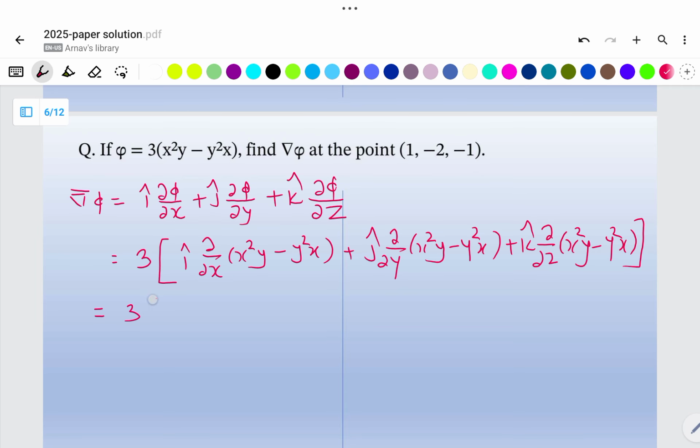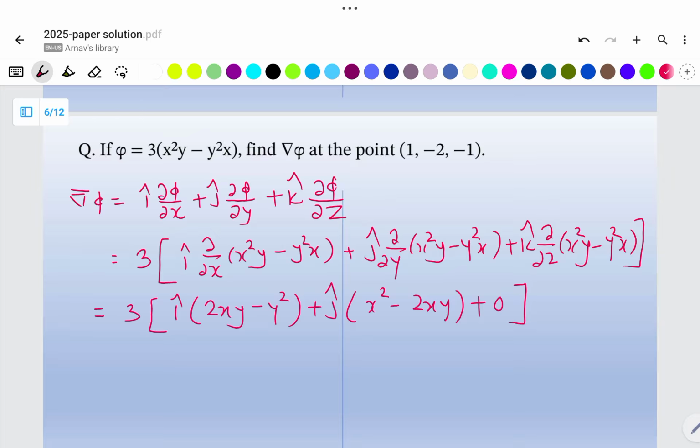Let's differentiate: (2xy minus y square) i cap plus (x square minus 2xy) j cap, plus there is no z term, so it will be 0.